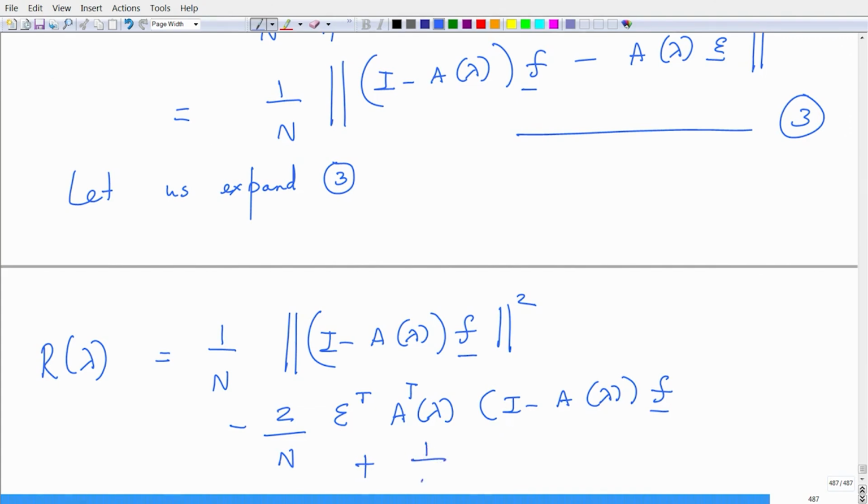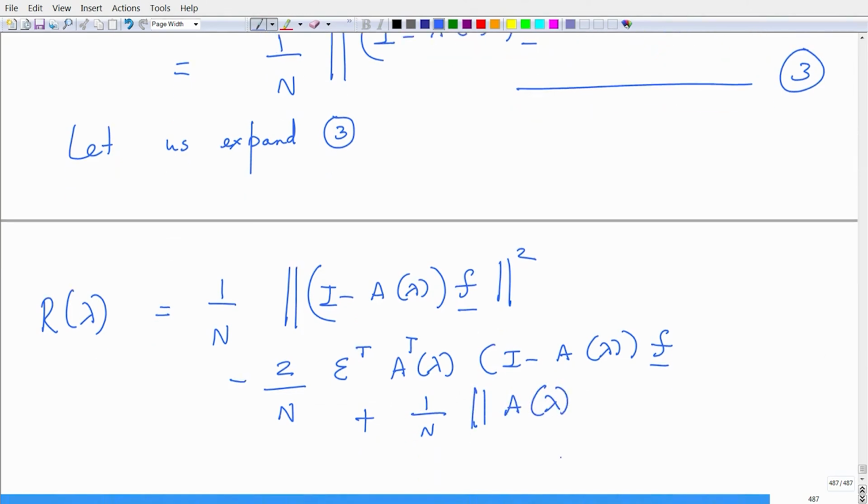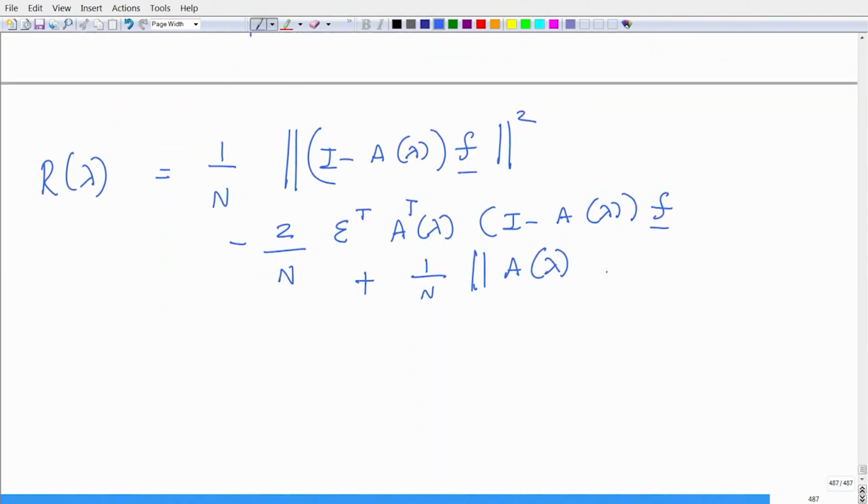So this is 1 upon n the norm of A of lambda times epsilon squared.